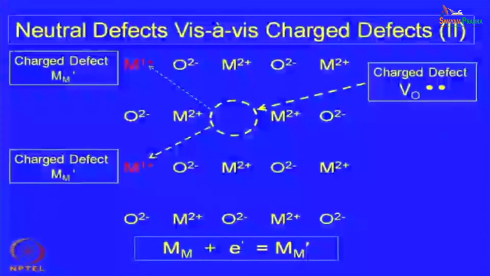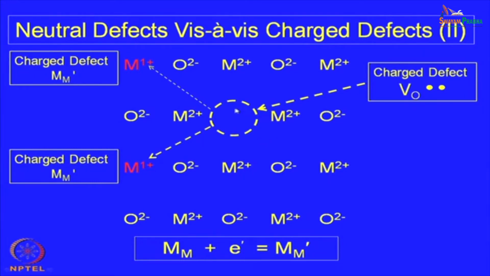So, when that site no longer has those two negative charges, it is absolutely vacant, then the charge distribution has changed, and this vacancy will now be called a charge defect, having two dots, meaning an effective positive charge, a deficiency of two negative charges.